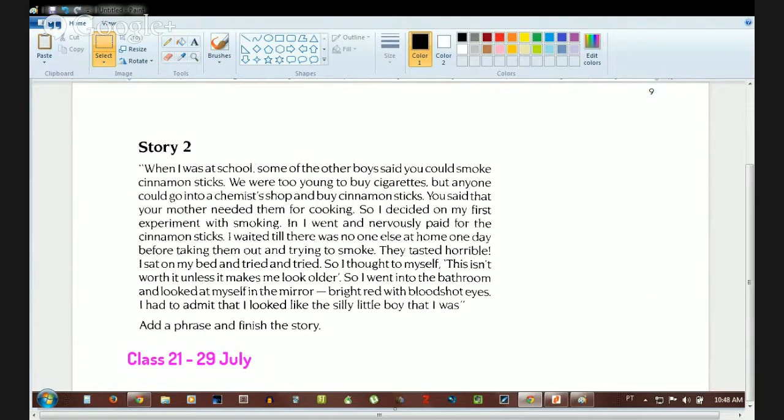We were too young to buy cigarettes, but anyone could go into a chemist's shop, farmacia in other words, and buy cinnamon sticks. You say that your mother needed them for cooking. So I decided I must experiment with the smoke.